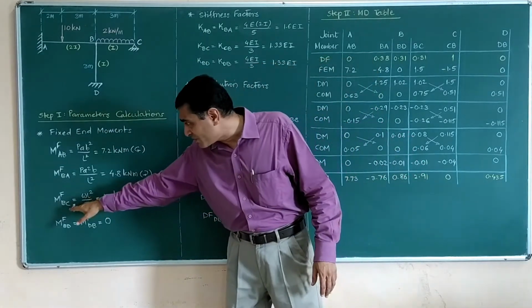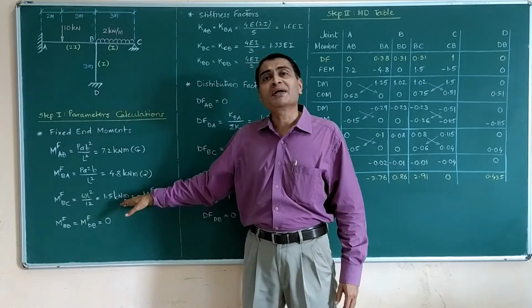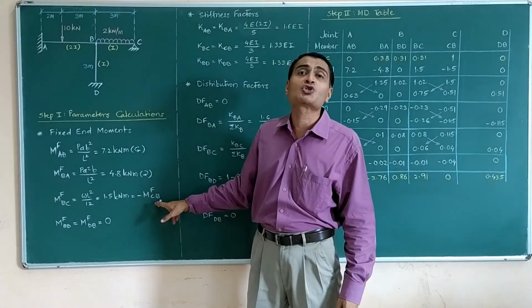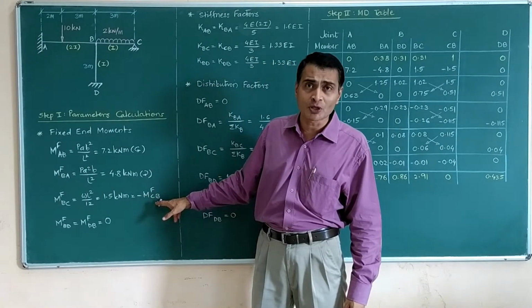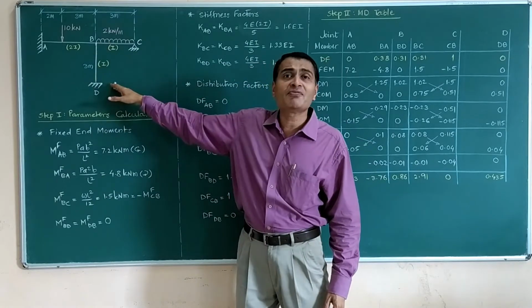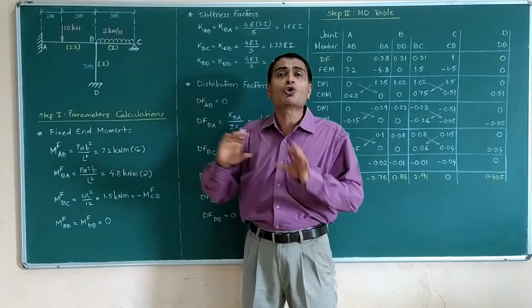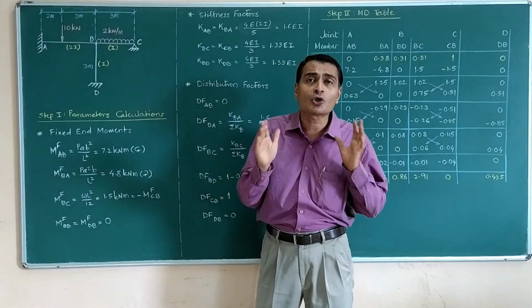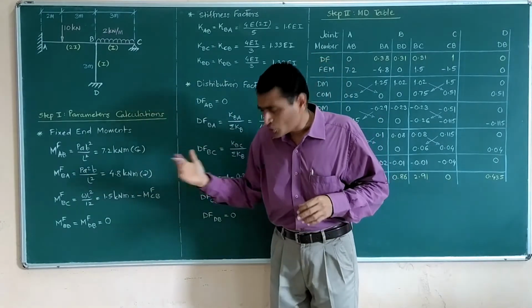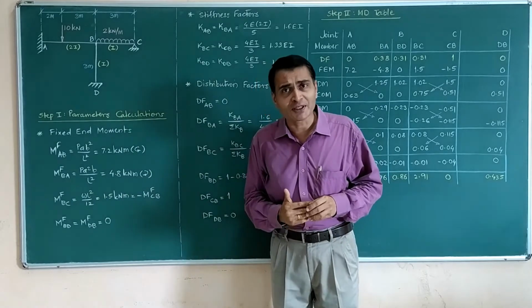So MFBC, my calculations give me 1.5, is equal to minus of MFCB, this is going to be clockwise. Obviously MFBD and MFDB are 0 because there is no transverse load acting on the column BD. So that is the first part taken care of.